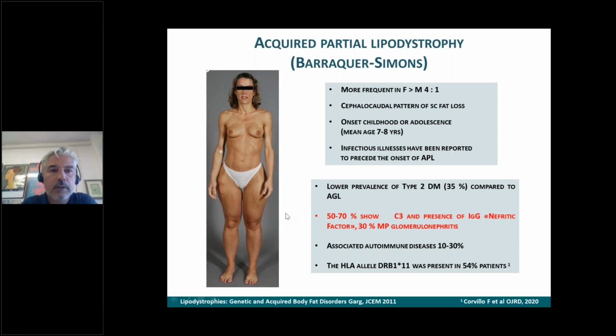Again, probably this form is mediated by some kind of autoimmune disorder. In fact, at least 70% of patients display reduced circulating C3 levels and have circulating levels of an antibody which is called nephritic factor, which can be associated with glomerulonephritis. We know that there is a genetic predisposition because some HLAs are more frequently present in these patients.